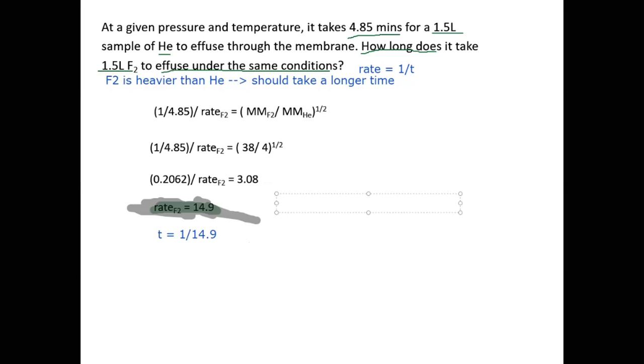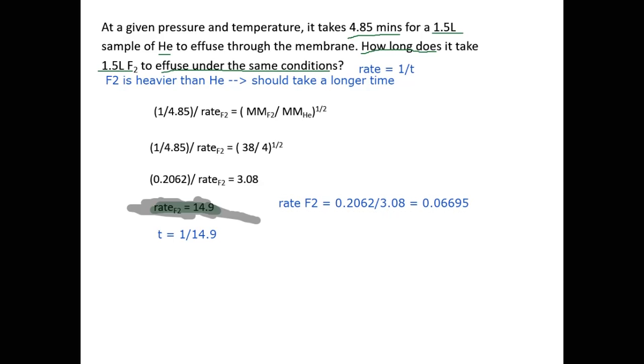So rate of F2 equals 0.2062 divided by 3.08, and we get 0.06695. So that's the rate of F2.